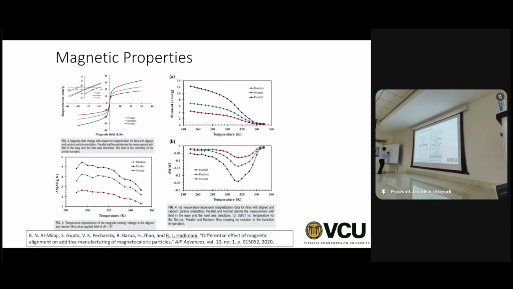This is the x-axis, or we call it the a-axis. This is the b-axis, and this is the c-axis of the crystal, right?